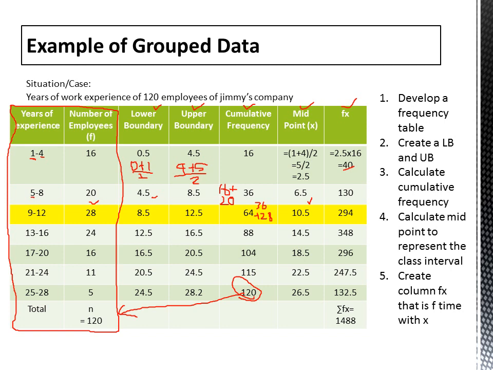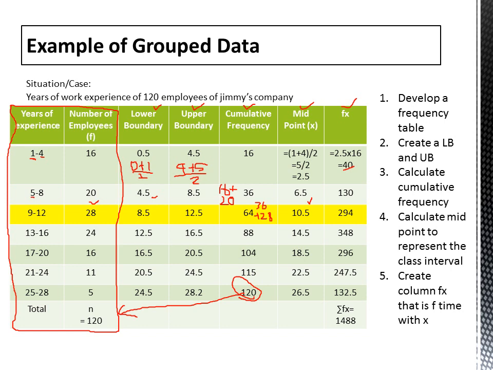The next one is upper boundaries. For the interval 1 to 4, we use 4. So 4 plus 5 divided by 2. For the second row, 8 plus 9 divided by 2. The same goes for all until the end of the rows.